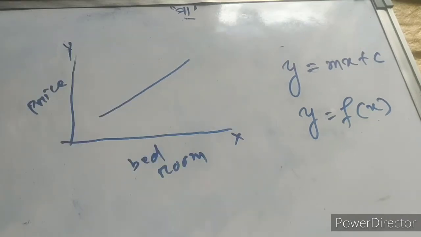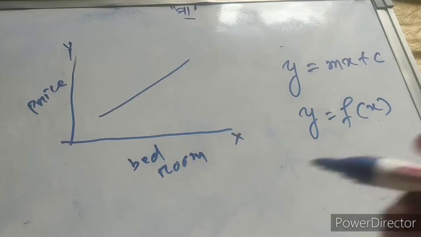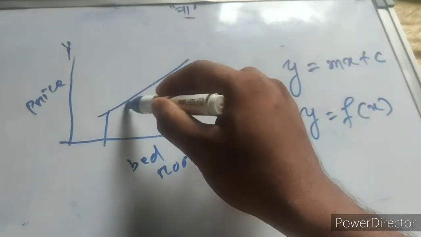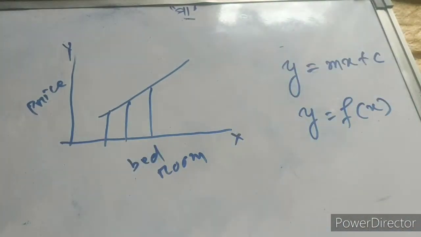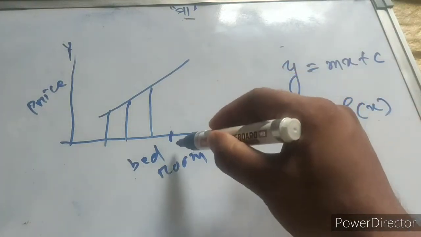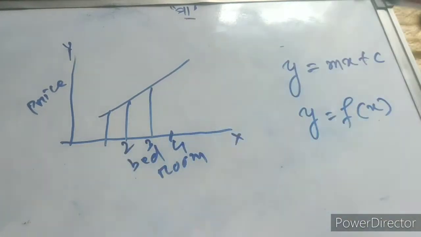So here the question comes: how shall we implement this equation in the case of machine learning? Suppose we have data in which various prices are given for various bedrooms. If we get a new house which has 4 BHK, suppose this is 4, this is 3, 2, then as we know, there are various prices defined for various bedrooms.